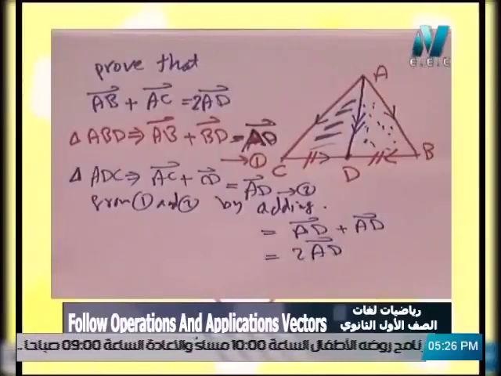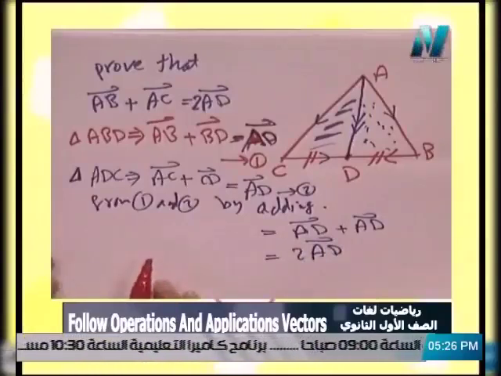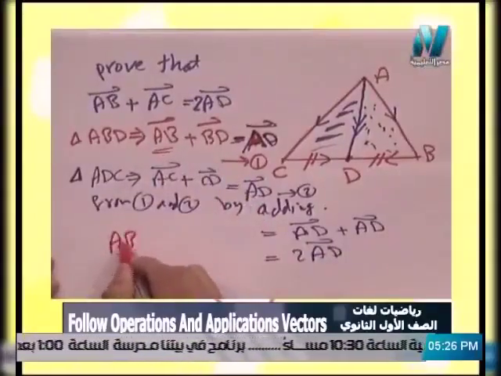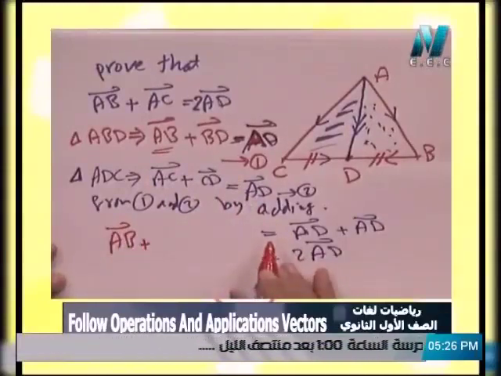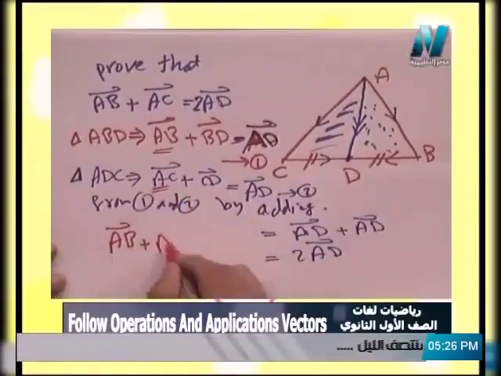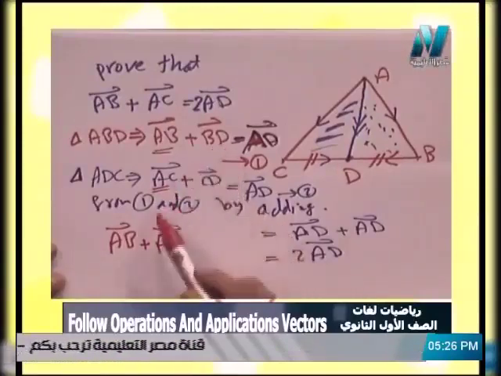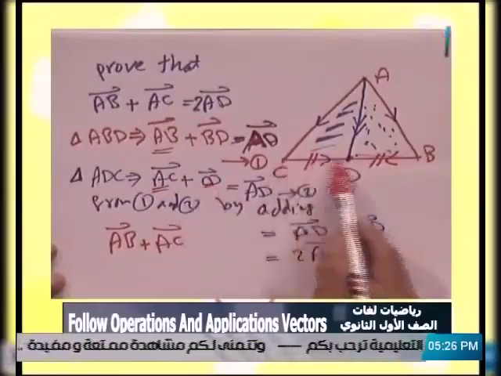And look carefully at the left hand side. We have the vector AB plus we have the vector AC also. What else? We have the vector BD and the vector CD.